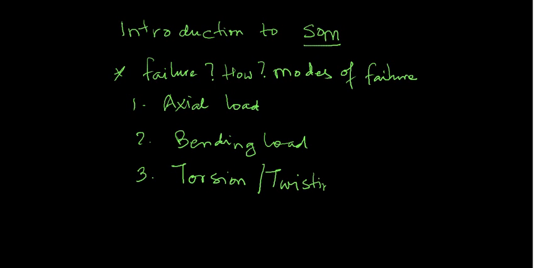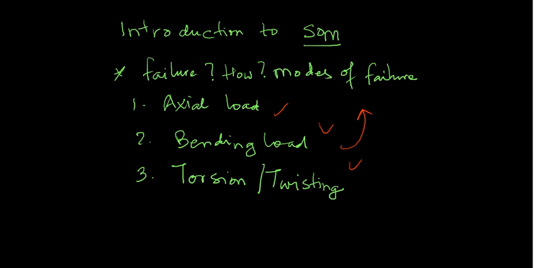Now, these three kinds of loads are acting on different members, and we'll be studying the effect of these three kinds of loads on different materials, and how these three loads actually bring about failure, how a material fails. Now let's move on.